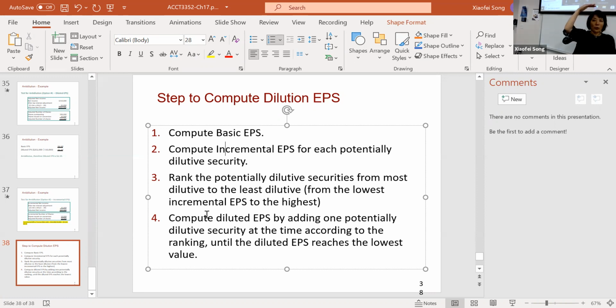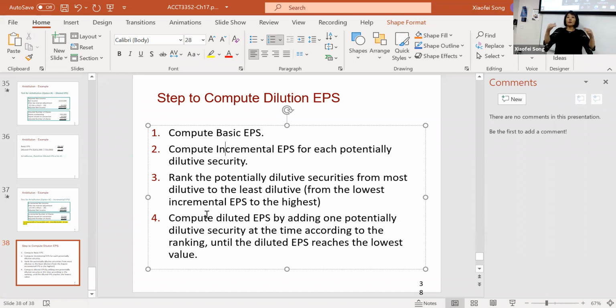You go by the rank and you look at how that affects your earning per share. If the earning per share decreases as a result of including one, that's fine, keep going. As soon as the earning per share stops going down and starts going up, you know to stop, because that's the maximum diluted earning per share.